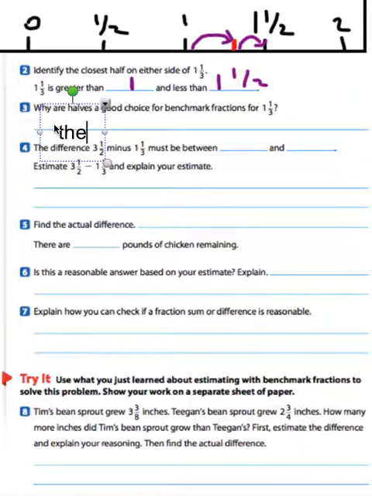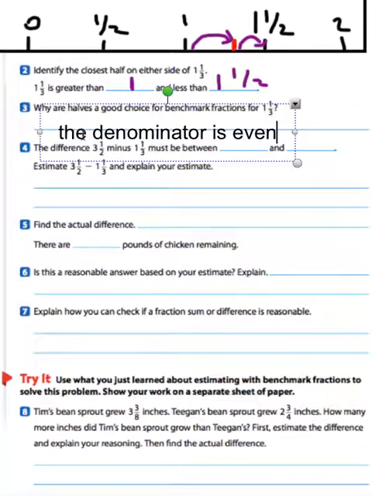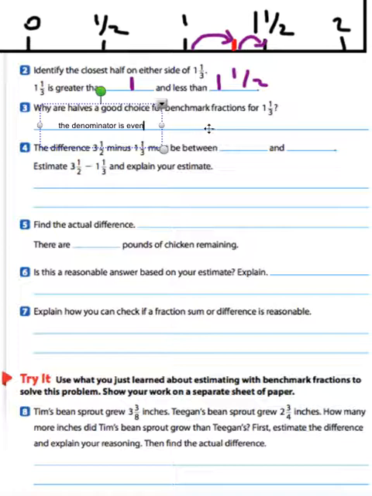The denominator is even. But more than that, it is a smaller increment, 1/3. 1/3 is a smaller amount than 1/2.